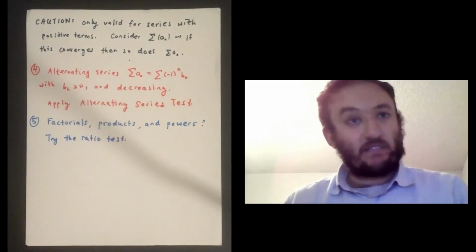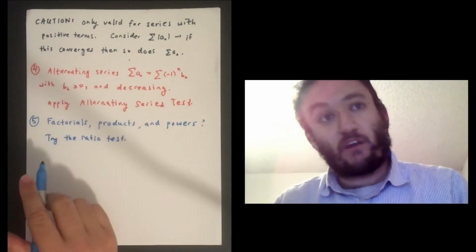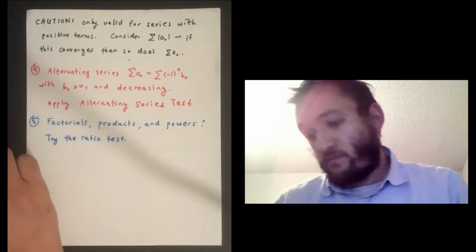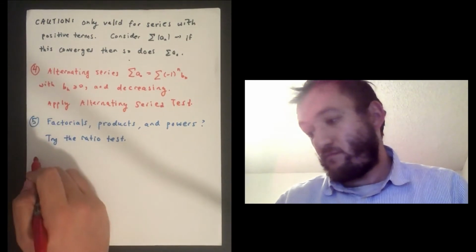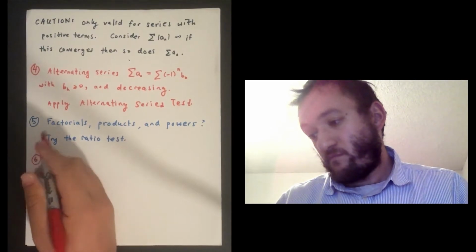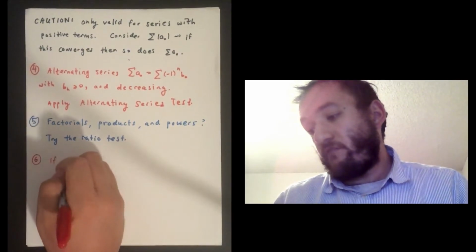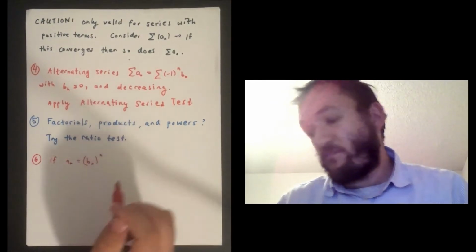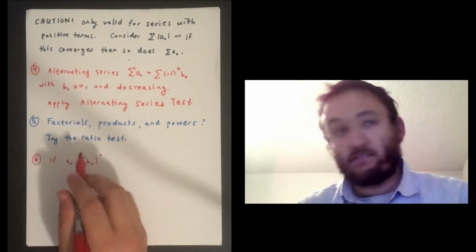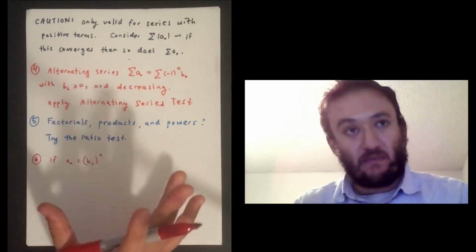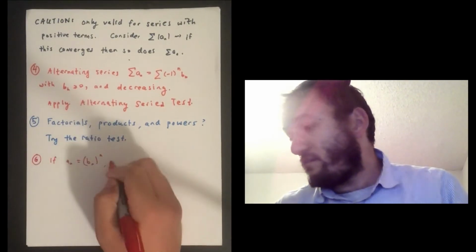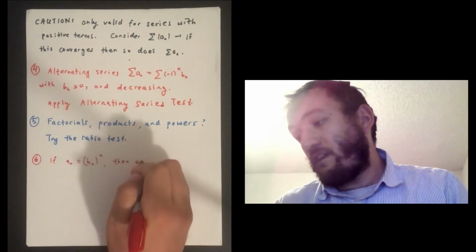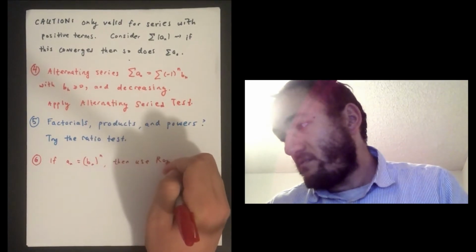Okay, the ratio test is particularly good for factorials, products, and powers. Okay, if a_n is equal to the nth power of b_n for a b_n that you can deal with reasonably, then use the root test.